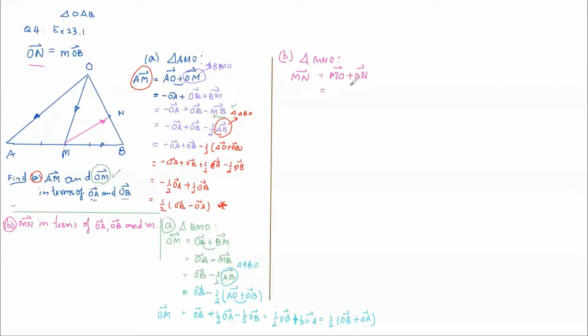Now MO. But the vector we have from the question is OM, the opposite direction again, so this is going to be negative OM, plus ON, which we have from here equal to m times vector OB.